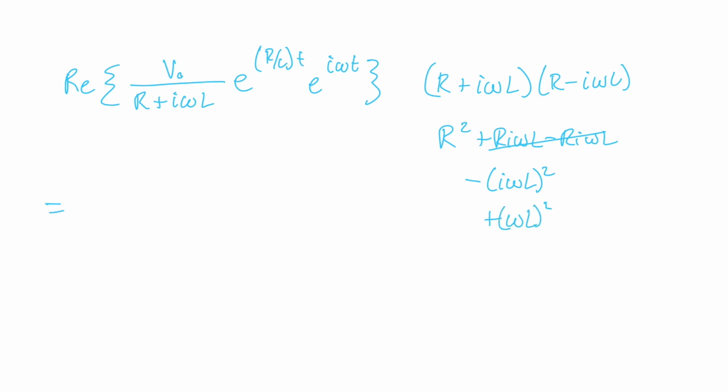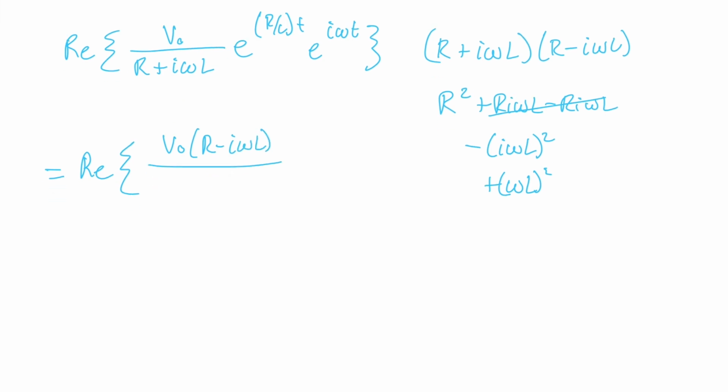So we have the real part of V naught times R minus I omega L over R squared plus omega L squared times e to the R L T times e to the I omega T.